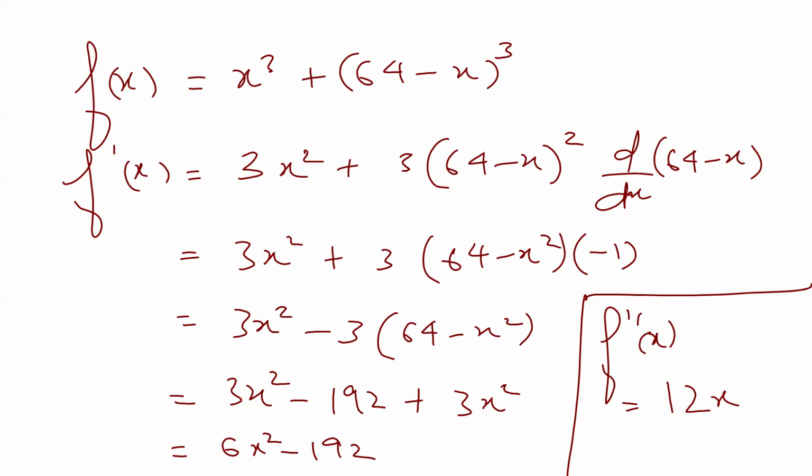So the next step number 1, standard procedure. Step 1, f dash x is equal to 0.